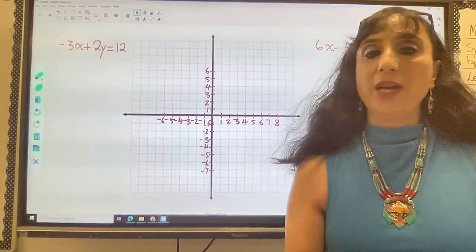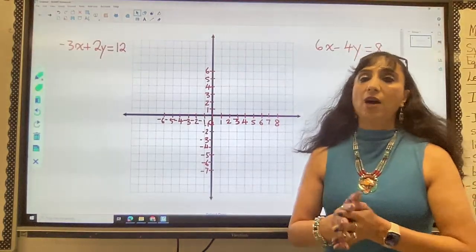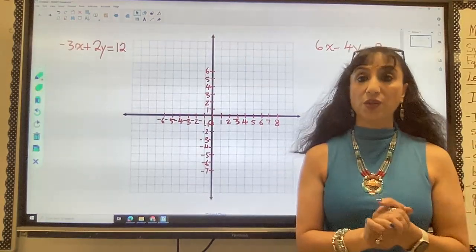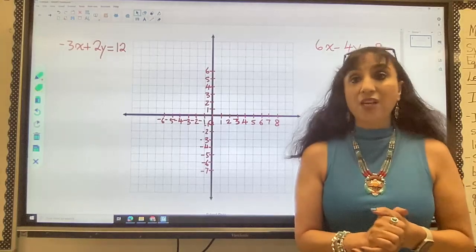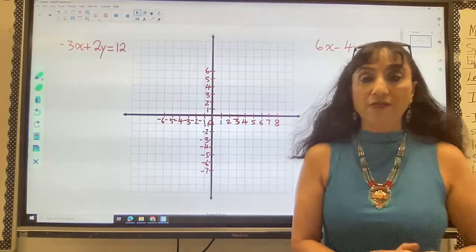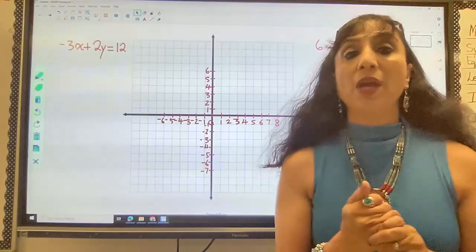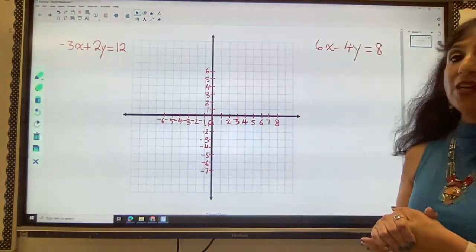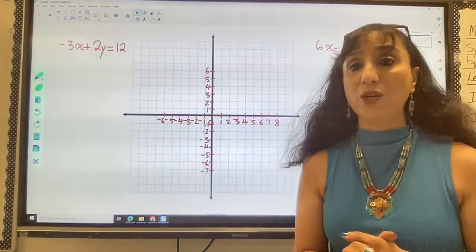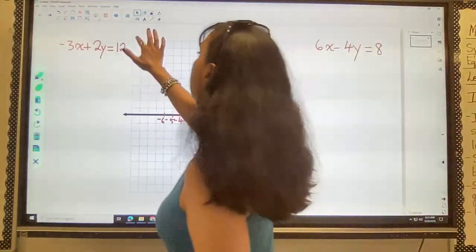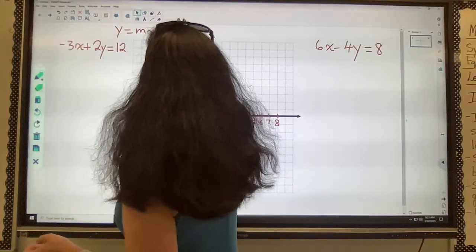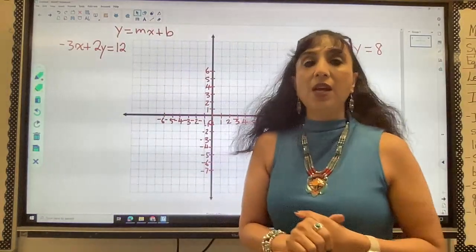All right, so let's look at this problem now. I've written out 2 more equations, and we are going to graph this to see if they have one solution, no solution, or infinite solutions. Once again, both of these equations first need to be put into the y is equal to mx plus b format, which is my slope-intercept format.